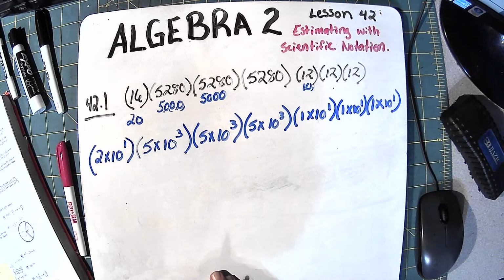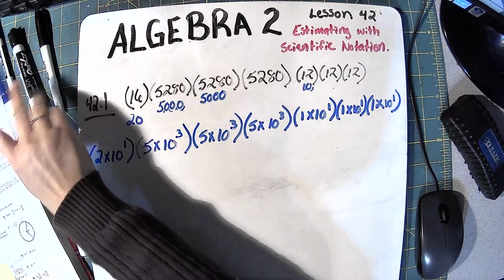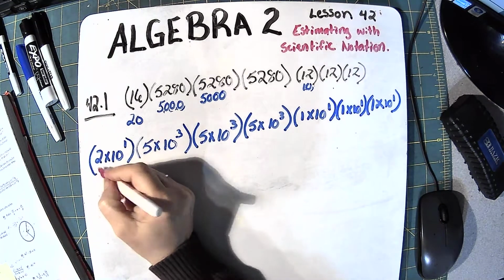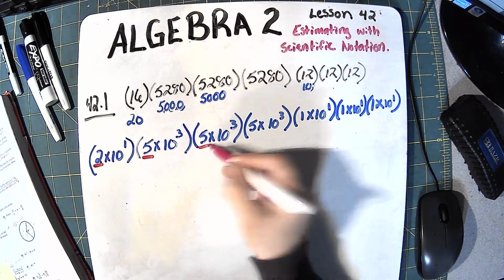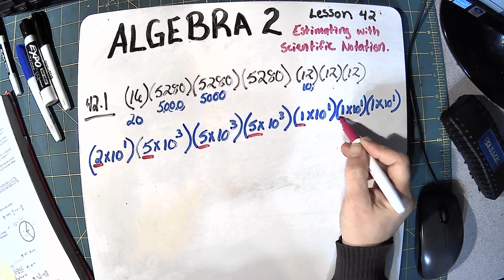Now we know that when we multiply numbers like this, we multiply all of our numbers first. So our 2, our 5, our 5, our 5, our 1, our 1, and our 1.